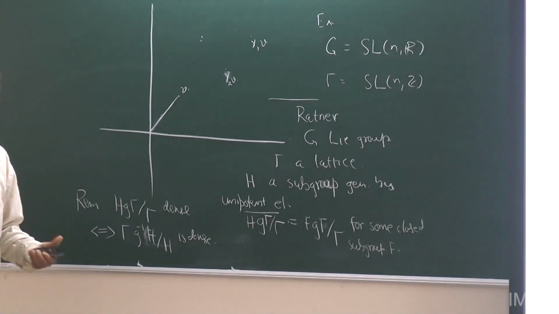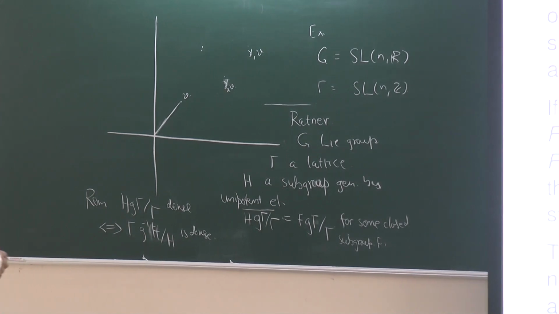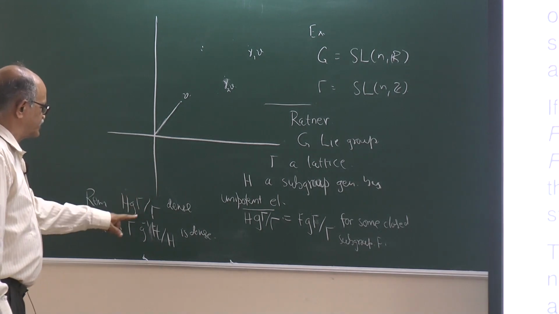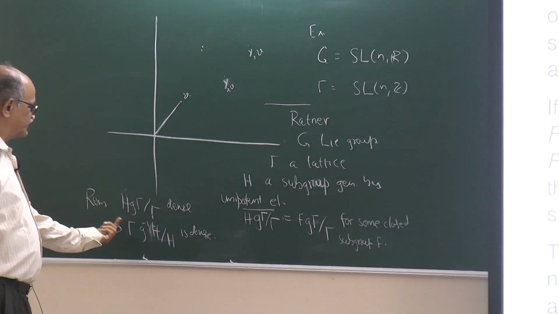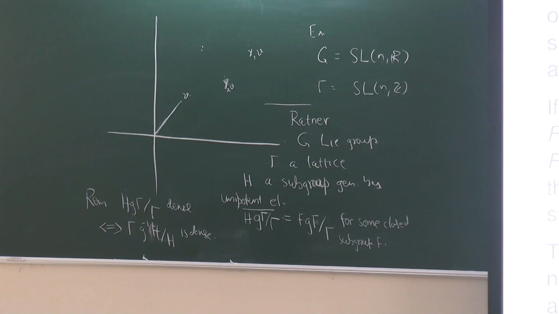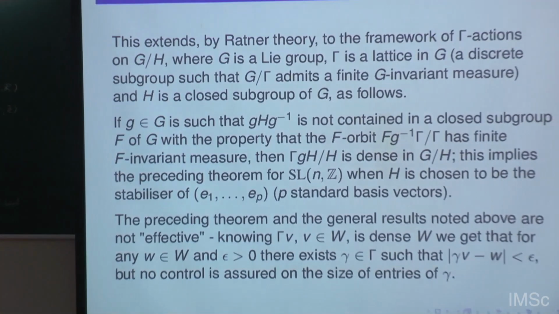This is a simple exercise for anyone in a beginning class on topological groups. So if H G Gamma as a subset of G is dense, you take the inverse, you get precisely this. So yeah, let's keep that in the background.